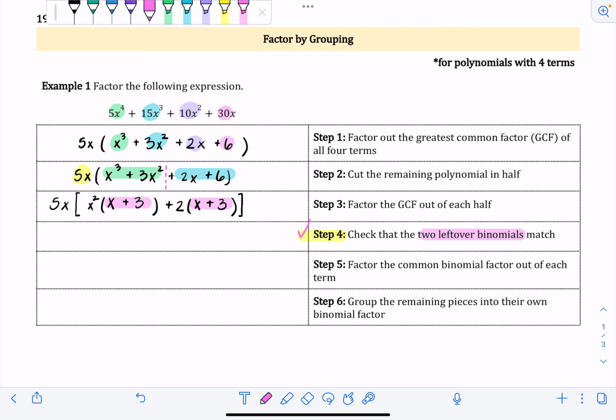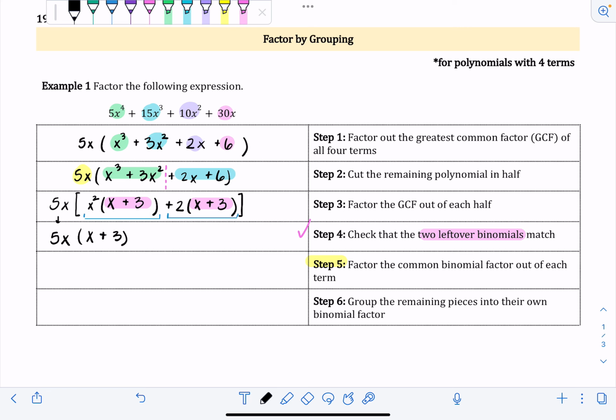Okay, and then the next step, step 5, says factor the common binomial factor out of each term. What we just did is we created two big terms right here, and they both have an x plus 3. So I'm going to bring down this 5x, and then I get to pull this x plus 3 out of both. I'm going to undistribute the x plus 3 out of each of those two blue underlined terms.